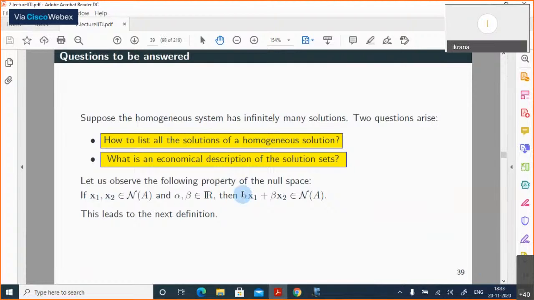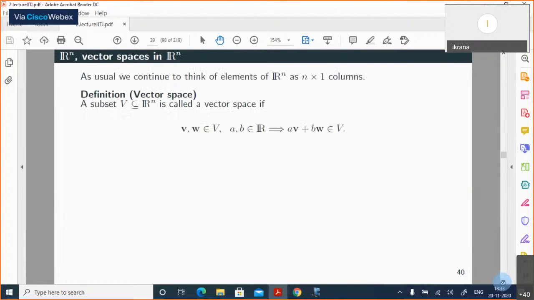Right. So this leads to our next definition. This motivates one to consider those subsets of Rn which have this property. This is what is called a vector space. We are looking at those subsets V of Rn which have the property that if I take two elements in V, and alpha and beta are real numbers, then alpha v1 plus beta v2 is also in V. It is closed under linear combinations.